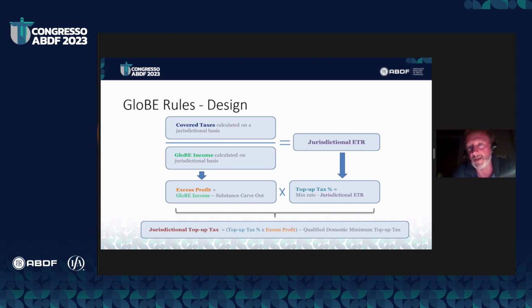The selection of the financial accounting standard that is used is determined under the GloBE rules by reference to the standard used in the preparation of the consolidated financial accounts of the UPE.